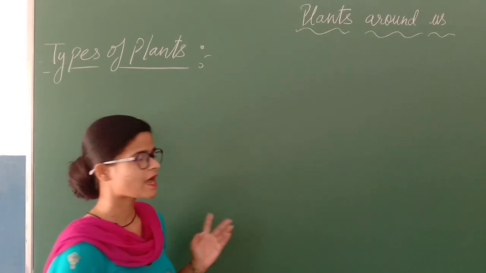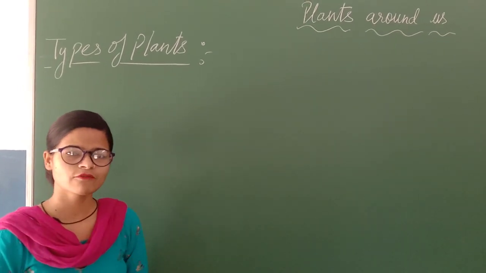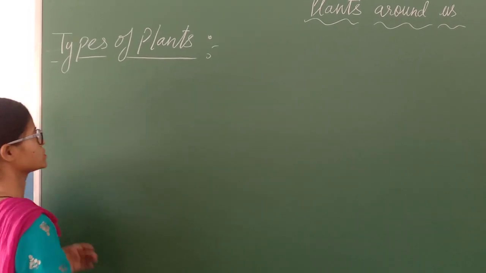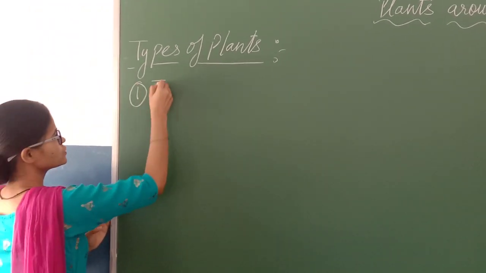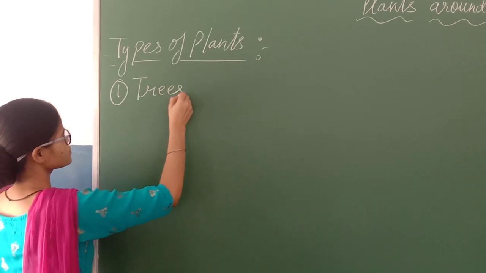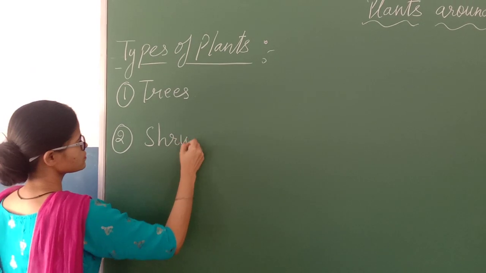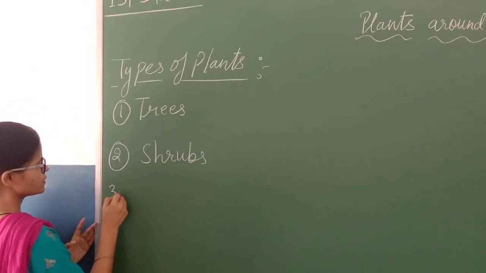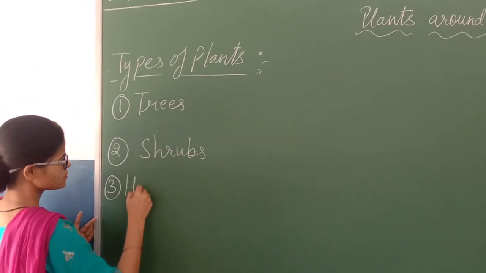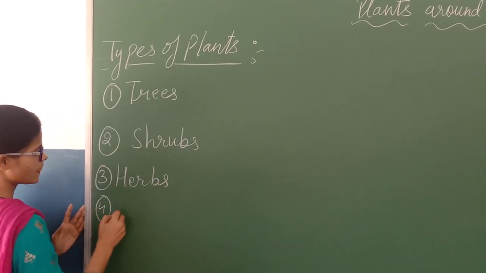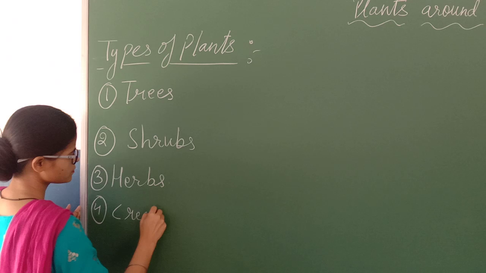We have different types of plants on this earth. What are those? Number one, we have trees. Then we have shrubs. Then we have herbs. Then we have creepers.